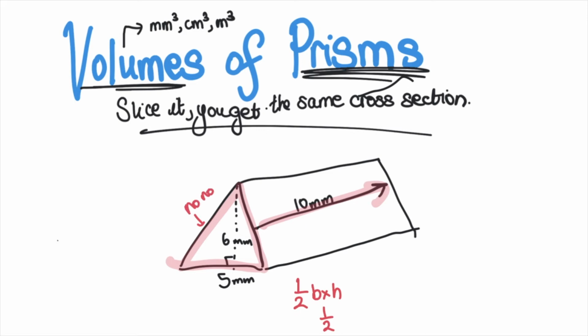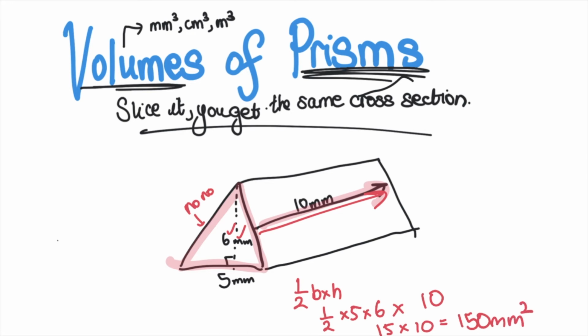Go for this up and down one. Alright, so half times the base, which is 5, times the height, which is 6. And we're going to times that by your length. So half of 30 is 15 times 10. So we end up with 150 millimeters cubed. I hope we're going okay.